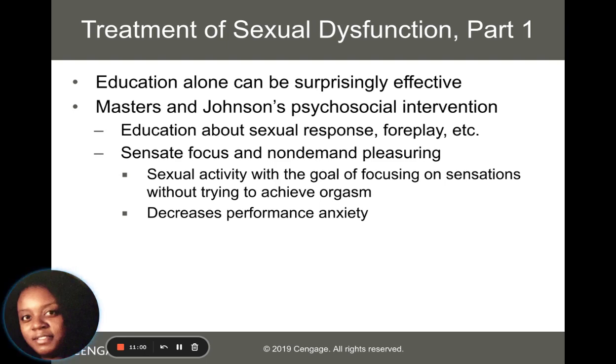They did some sensate focus and non-demand pleasuring to help increase levels of arousal, and it tended to work for couples, because most of their work was with couples who were going through sexual desire and sexual intimacy issues. But the goal was always on sensations and trying to increase arousal and level of orgasm and decrease those performance anxieties that people might have.